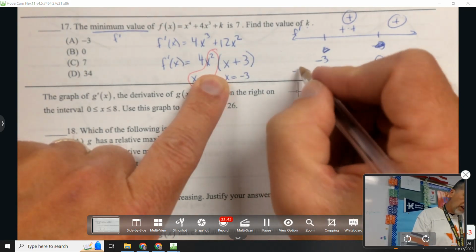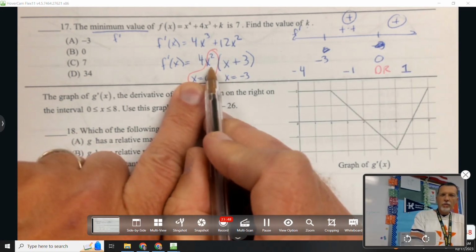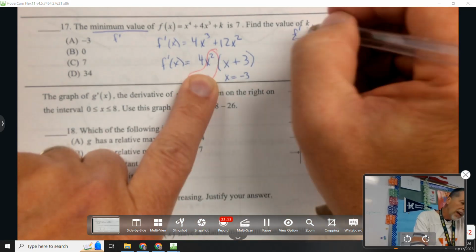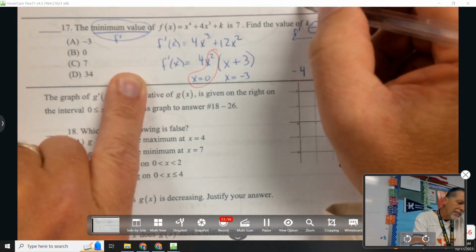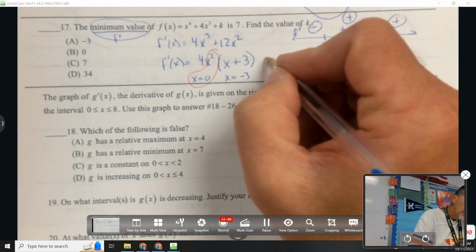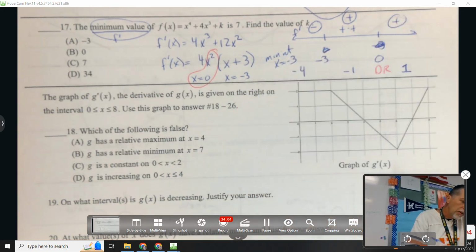And if I check -4, let's see, 4 times -4 squared, that's going to be positive, times -1 would be negative. And so there is a minimum at -3. Minimum at x equals -3.